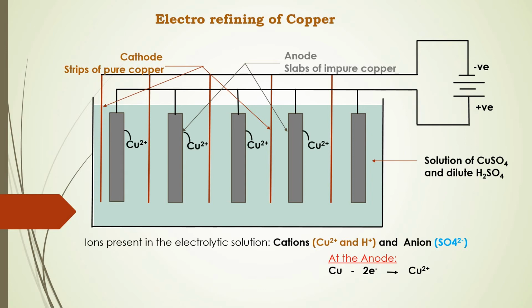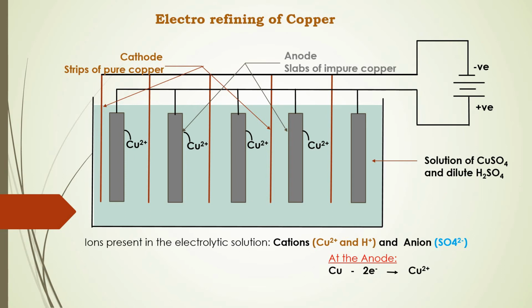So the copper which is there in the anode, impure copper, loses electrons and converts into cation and comes into the electrolytic solution. At the same time, the impurities also come out, but here we are interested in copper cation. So the copper cation from the anode comes to the solution.